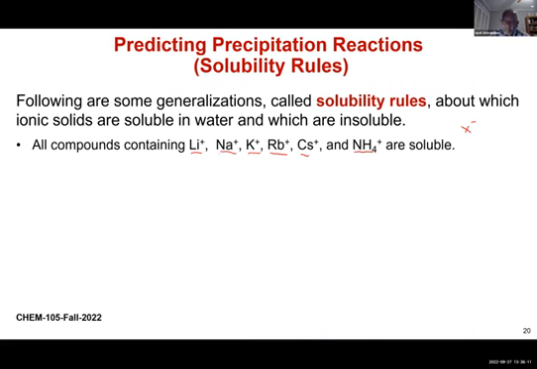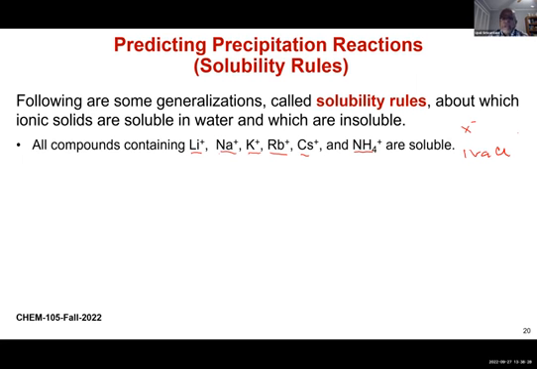Any compound like sodium chloride, sodium bromide, lithium bromide, any anion combined with these cations is soluble.